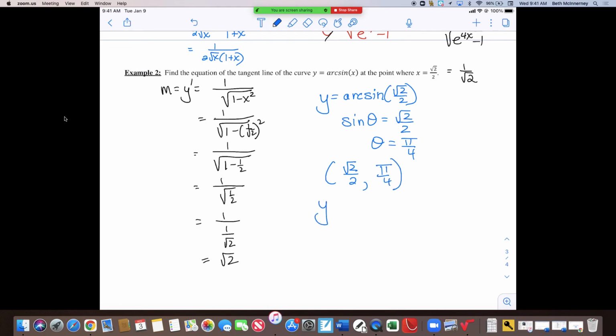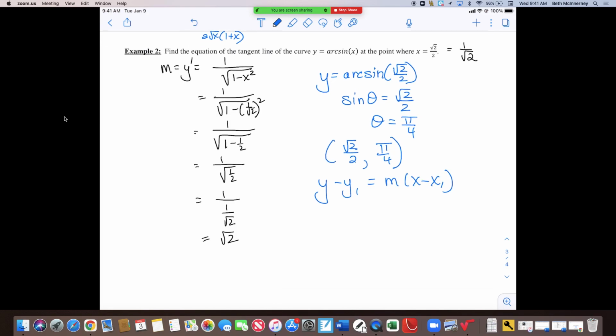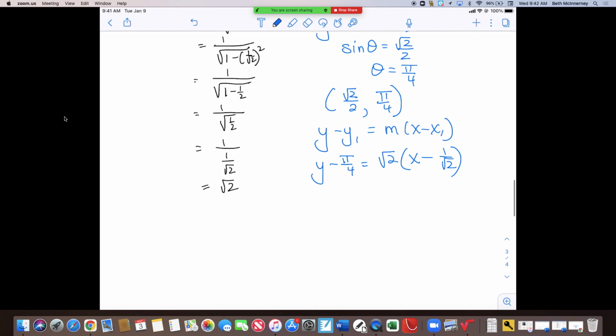So now I'm ready to do point slope. So I had y minus pi over 4 equals square root 2 times x minus, oh, it might be fun to make it 1 over square root 2. And just for funsies, let's put it in y equals mx plus b form.